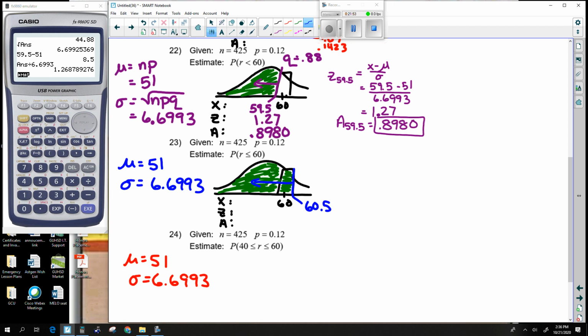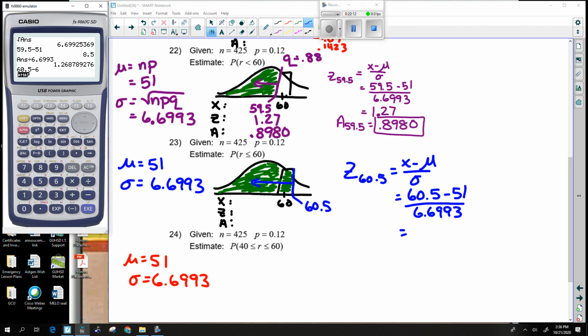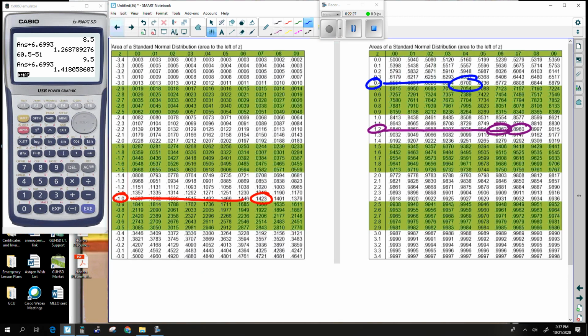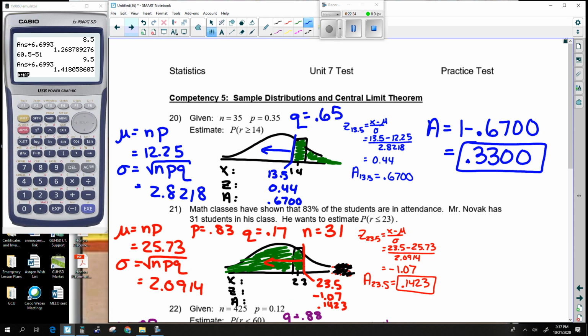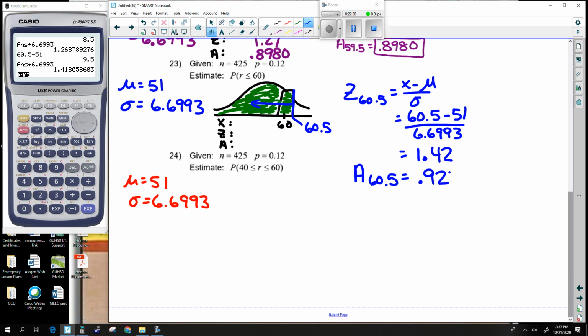So I do not have to subtract from 1. That is the area to the left, so that's exactly what I wanted.